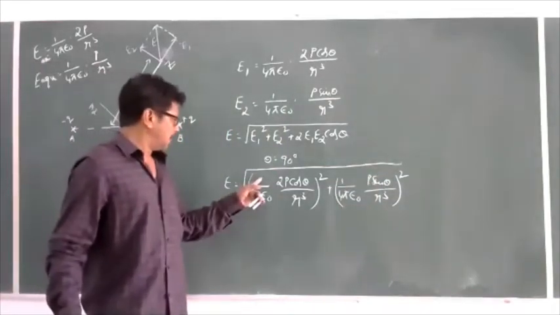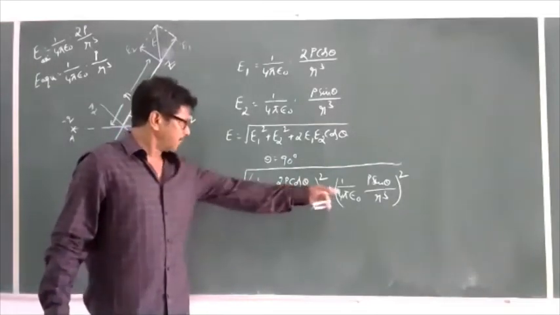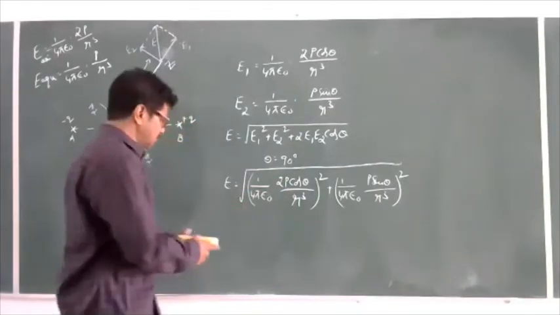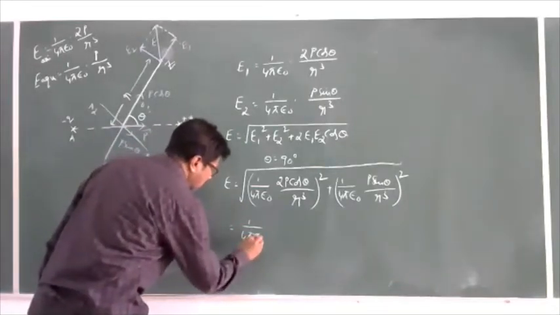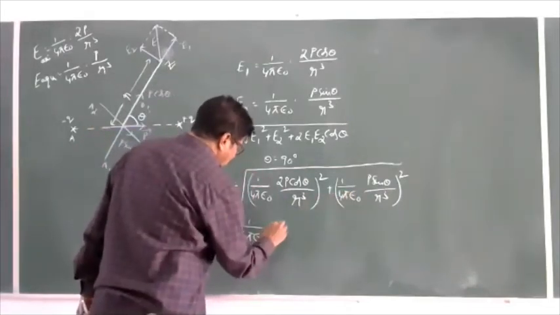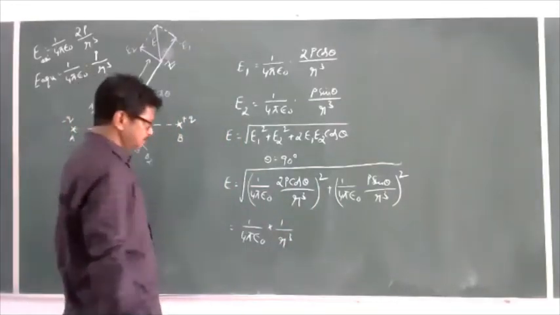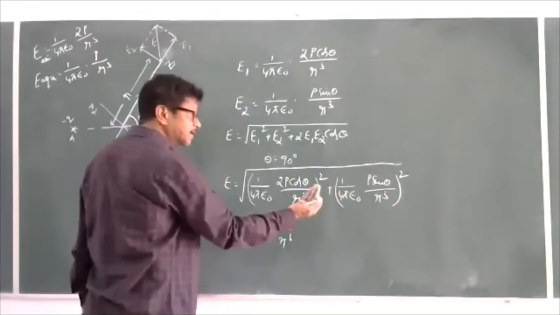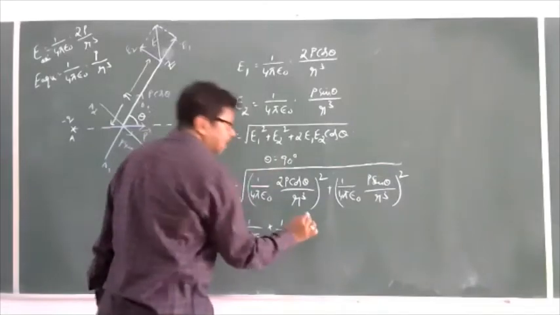Here 1 by 4 pi epsilon naught, r cube and p square are common, so they come out of the root, and it will become p.